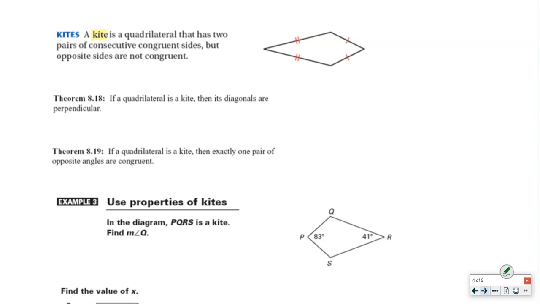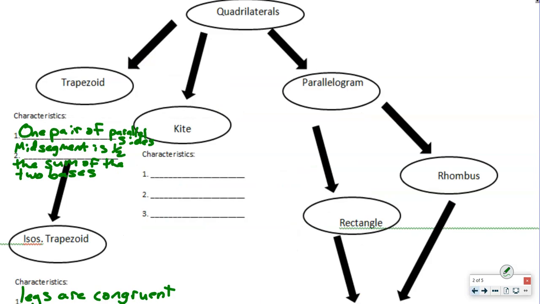Right, now a kite. A kite is a quadrilateral that has two pairs of consecutive congruent sides, but opposite sides are not congruent. So let's go back to our quadrilateral family tree and fill in our information on kites.